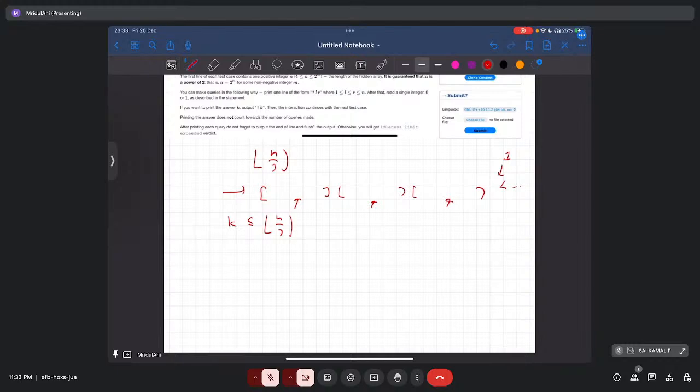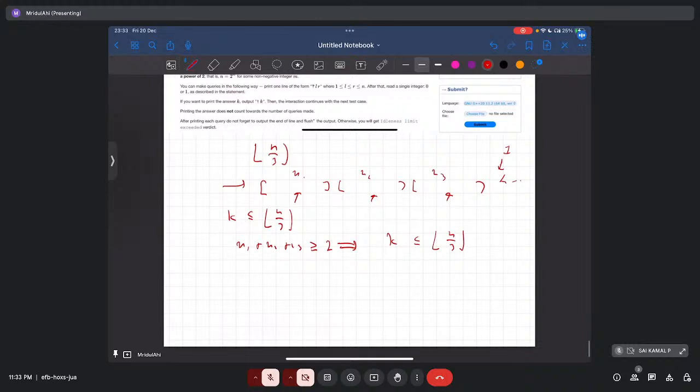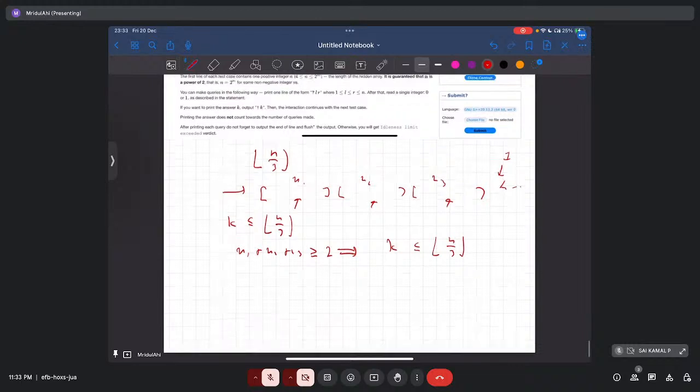So let the outputs be x1, x2 and x3. If x1 plus x2 plus x3 is greater than or equal to 2, it implies that k is less than or equal to floor of n by 3, because this means the interactor is lying.